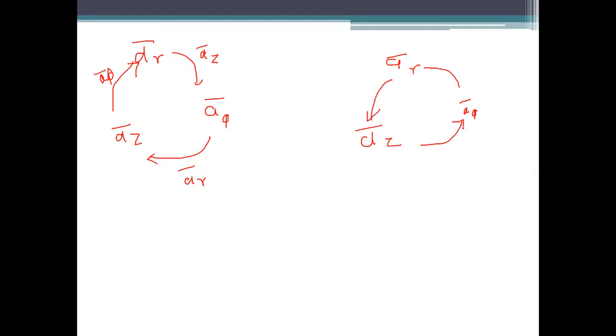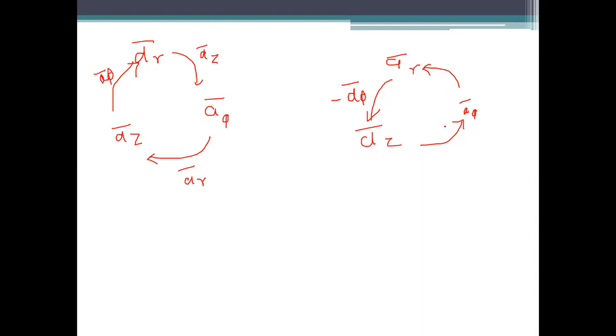So A bar R cross A bar Z. The third term, that is A bar phi, but the sign is minus.